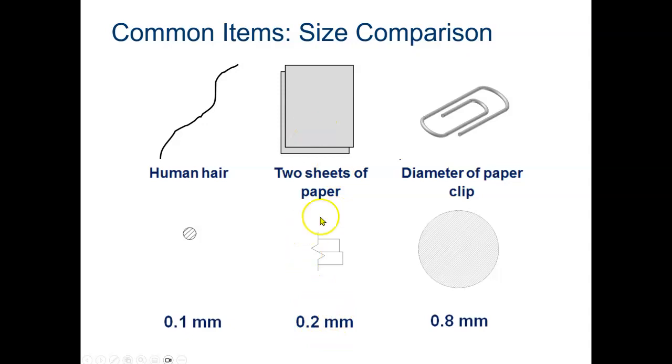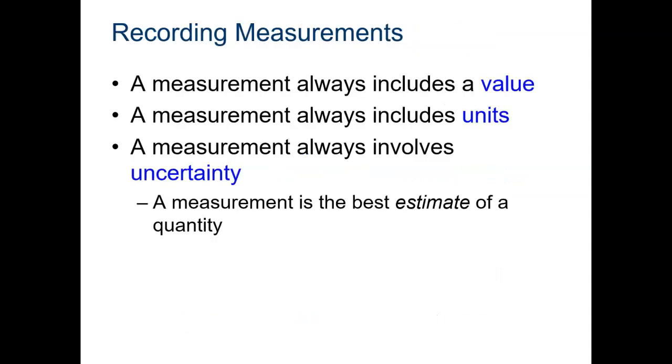So hopefully that makes sense if you're a 3D printer in my class. The diameter of a paper clip is 0.8. So hopefully that helps you understand how these common objects are measured and how the metric scale is used to measure these.